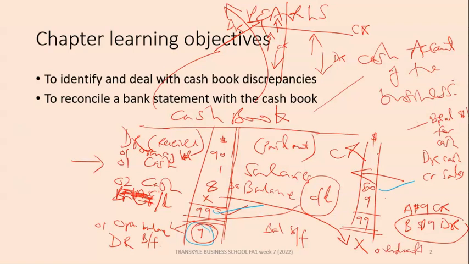There was a cash overdraft. In that case, our payments had exceeded our receipts. So the credit side would have been larger than the receipt side. What we received that month was outweighed by the payments for that month.